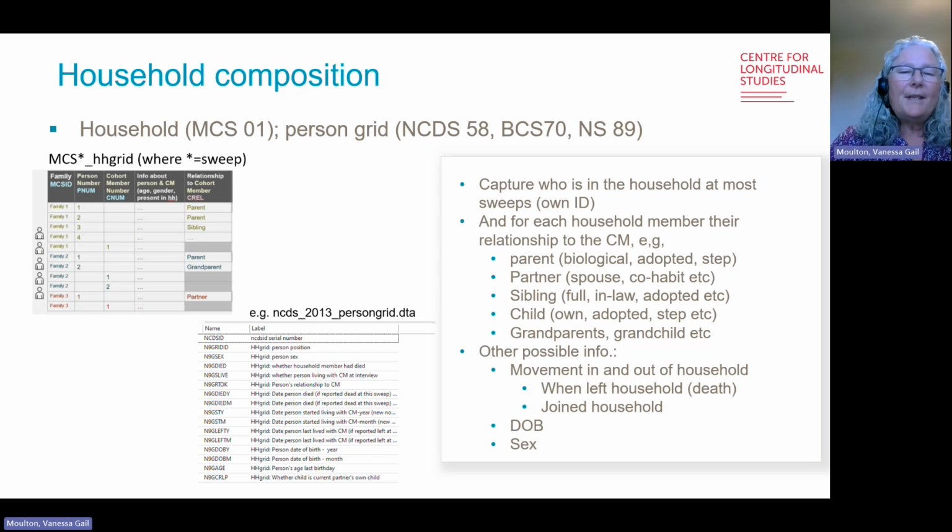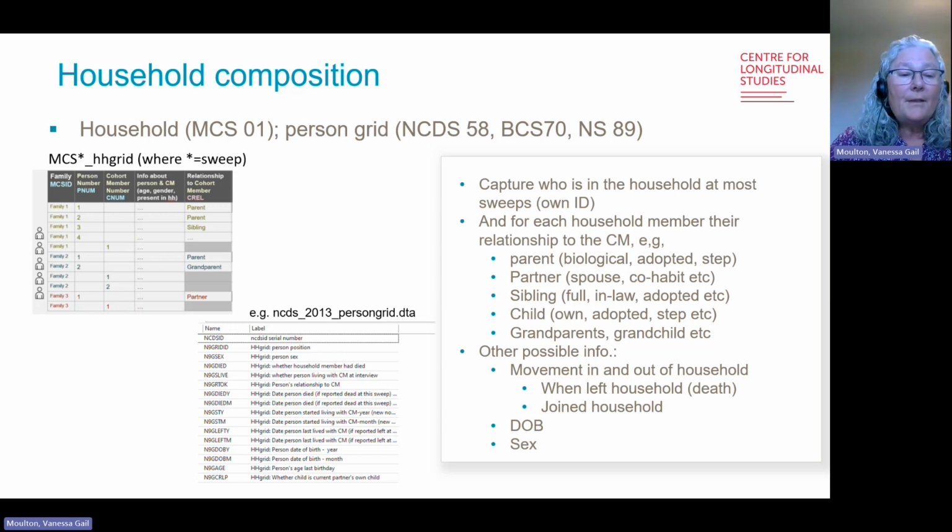The Millennium Cohort Study is slightly different as it focuses on households, and the information can be found in the household grid. In each of these files, at the time of interview, each person in the household is recorded along with their relationship to the cohort member in detail. For example, if it's a parent, is it the biological parent, adopted, step parent?